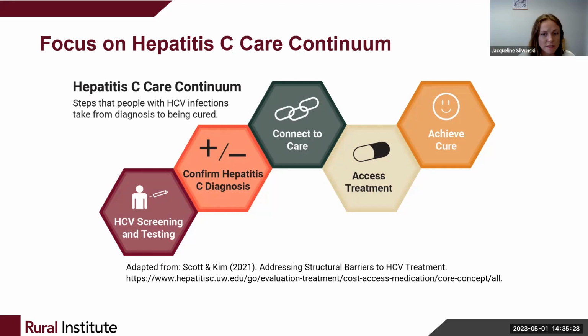Data from 2018 suggests that 24% of people in the US who are currently infected with hepatitis C are aware of their status. And of that 24%, only 5% are in treatment. So that statistic alone speaks for the gaps within the continuum.